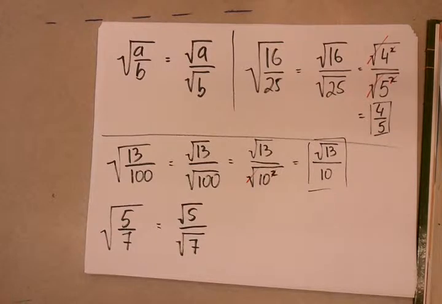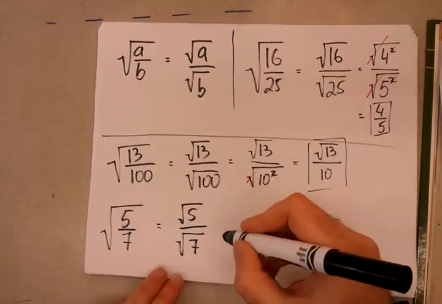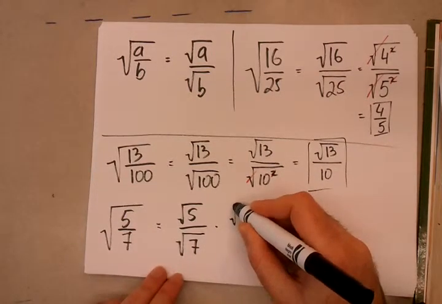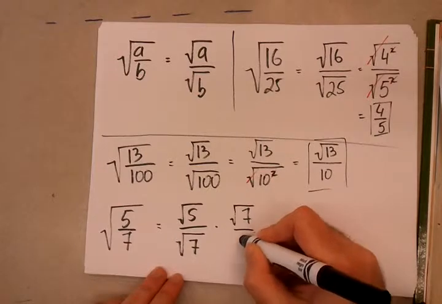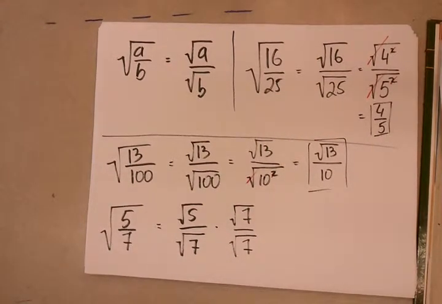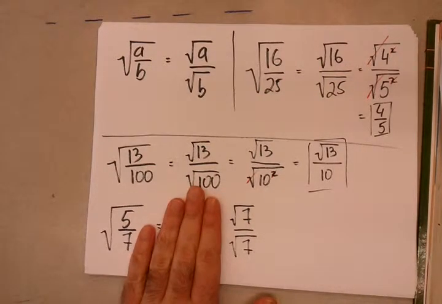In a case like this, where you end up with a denominator that can't be simplified any further, you can multiply the entire fraction by another fraction that looks like this. Now why did I do this? Well, if you take a look at just that fraction, it's root 7 divided by root 7, which is technically just 1, because anything divided by itself is just 1.